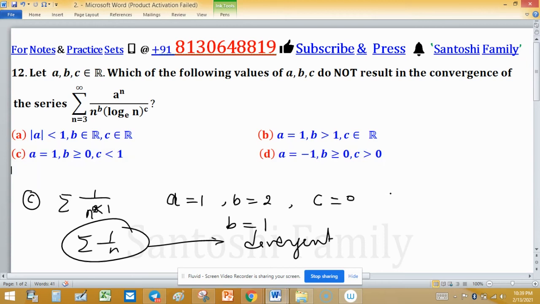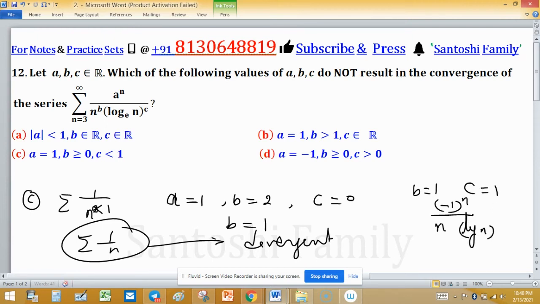Now you can check option D: the value of A is -1, then this series will be an alternating series, value of B greater than or equal to 0 and C greater than 0. So -1 raised to the power n, B is greater than or equal to 0, so take the value of B as 1 for option D, and the value of C you can take again as 1.